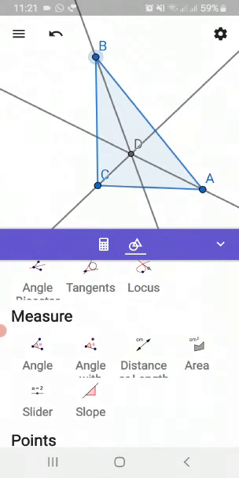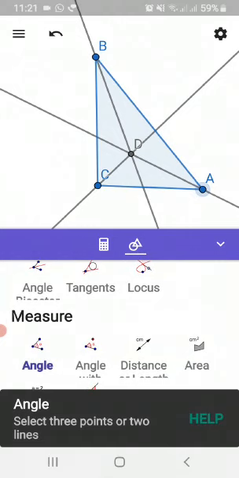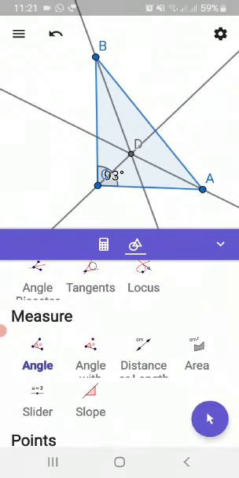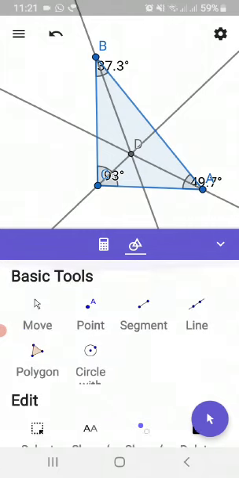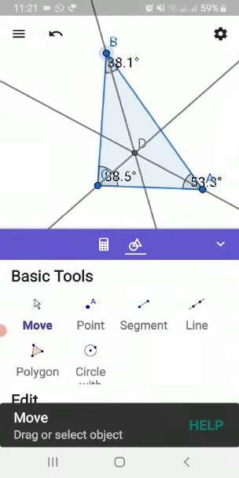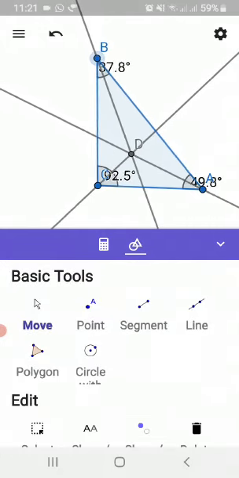You see there is an angle tool. Let us mark this. So we see here that we can get the measurement of these angles and you can verify. So here we have 93 degrees. Okay, so that means we need to move it a little bit so that we get 90 degrees here.